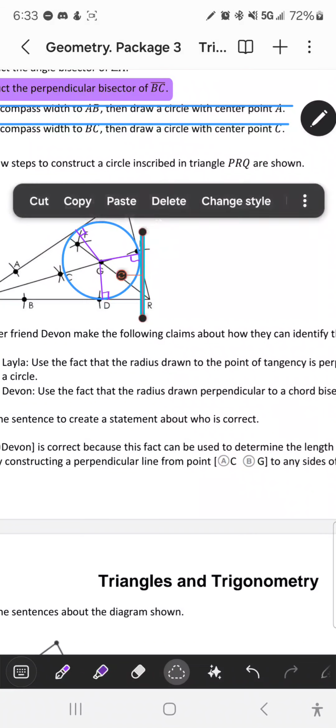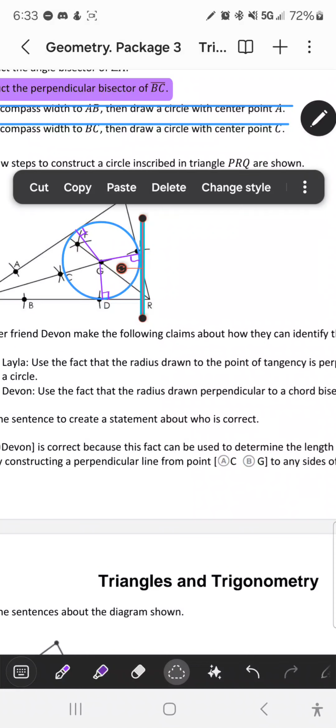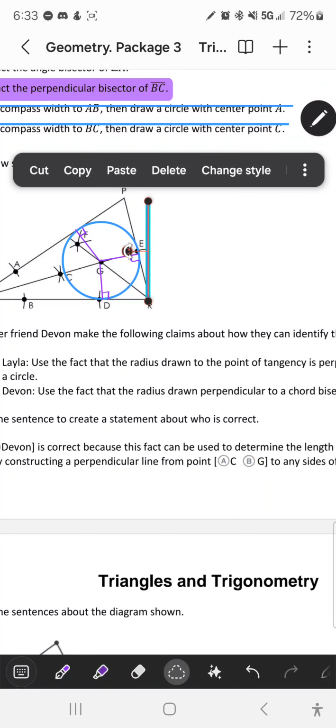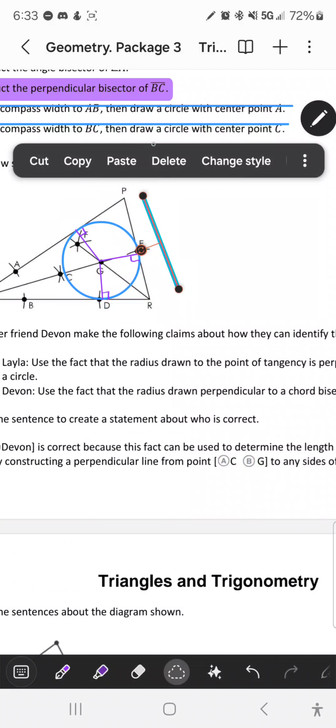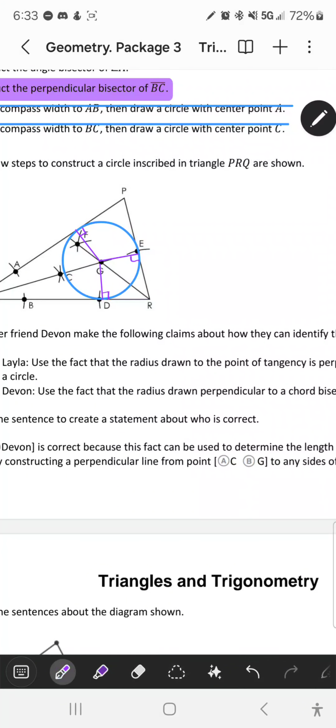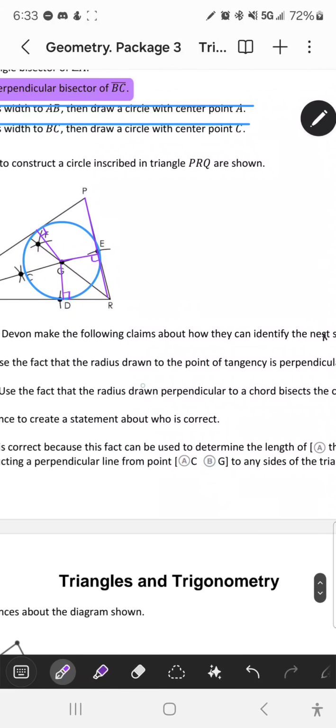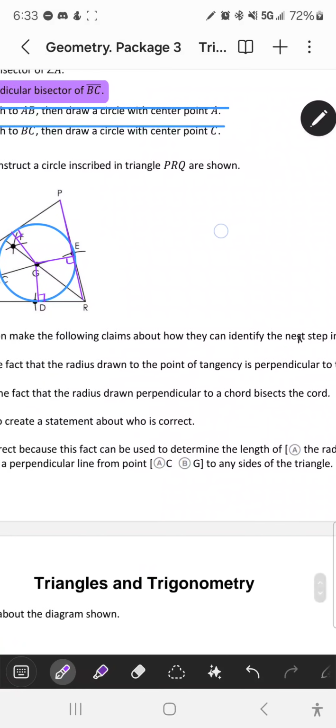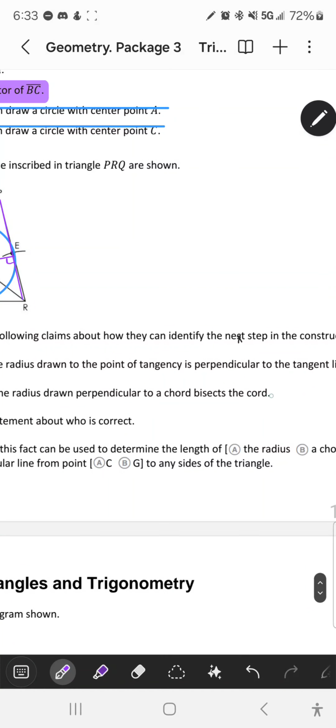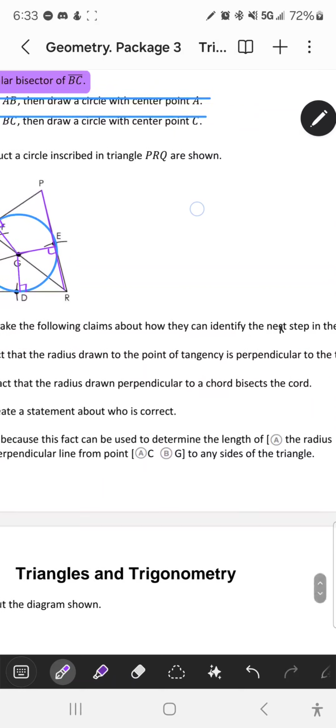It's actually a bit weird because I'm not doing it with an actual compass, so it's difficult to see. Devon used the fact that the radius drawn perpendicular to a chord bisects the chord.